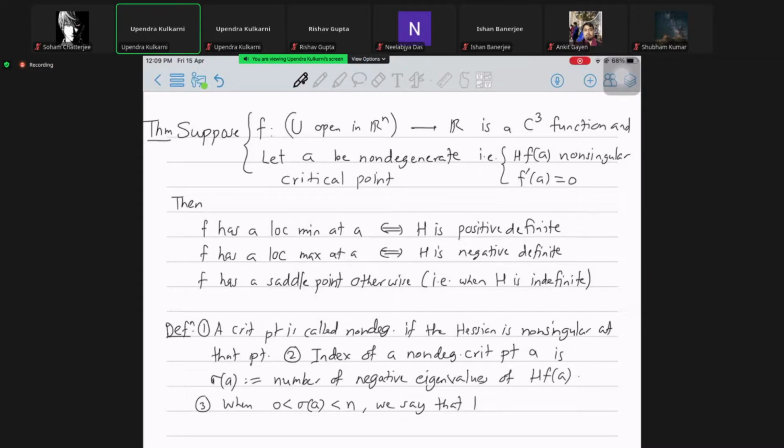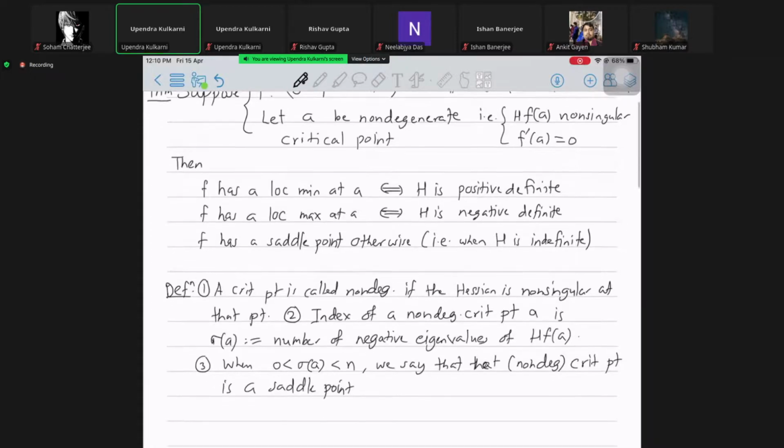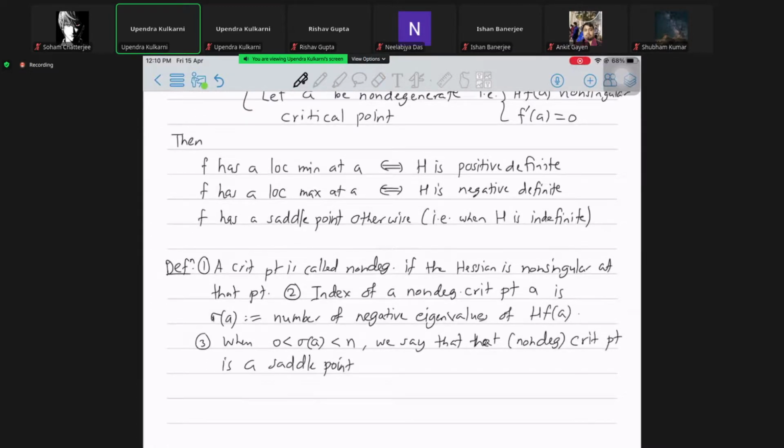We say that a non-degenerate critical point is a saddle point. Okay, so we will come to this saddle point business at the end, but first let's take care of what happens when we actually have positive definiteness or negative definiteness.